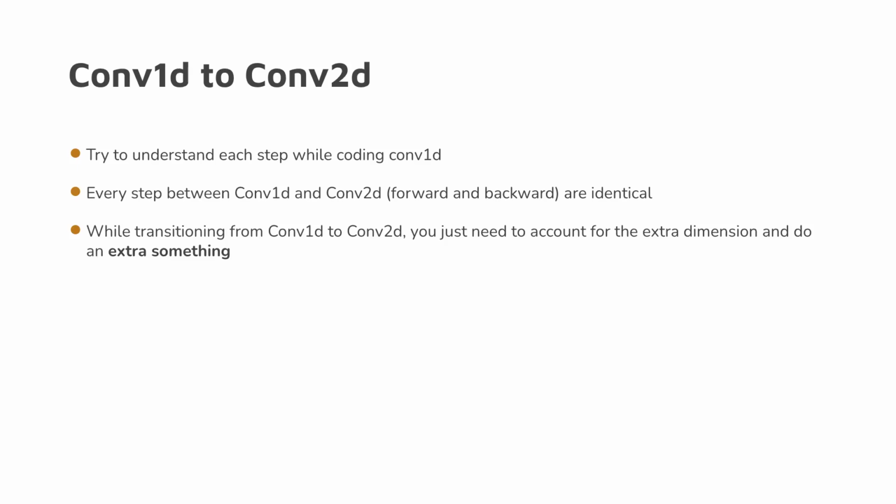But when you're transitioning from conv 1D to conv 2D, you need to take care of the extra dimension, and also take care of something extra when it comes to conv 2D. And the write-up has good enough depictions which will help you analyze and visualize all of these sections as well.